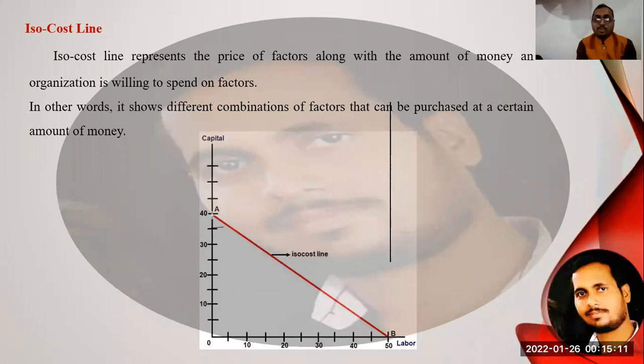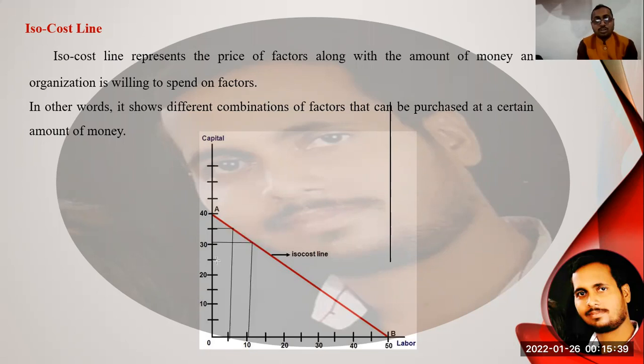Either they are able to purchase 40 units of capital but none of the labor. Secondly, they are able to purchase 35 units of capital by this point, and, students, 5 units of labor, or 30 units of capital and further 10 units of labor.